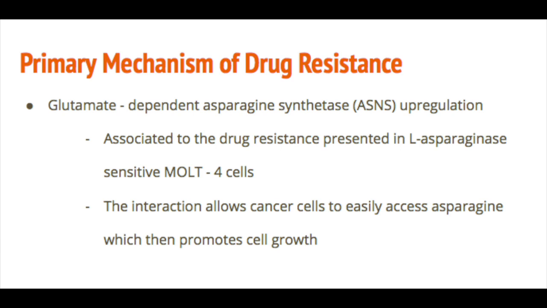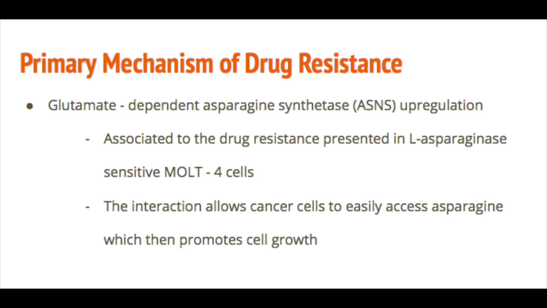An article by Nigel Richards and Michael Kilberg focused on both the drug resistance to childhood acute lymphoblastic leukemia, or ALL, and the mechanism of action of ASNS.